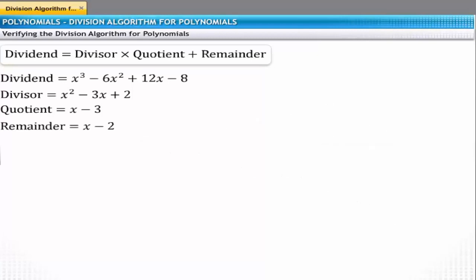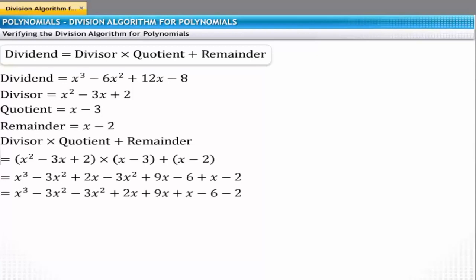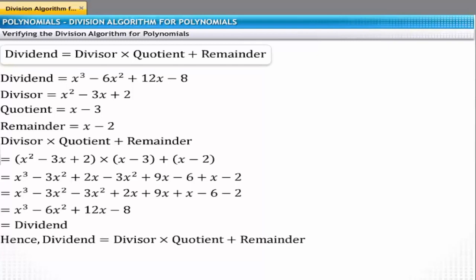Now, we'll substitute the values of the divisor, the quotient and the remainder in the algorithm. Let's simplify this. We get x cubed minus 6x squared plus 12x minus 8. This is the dividend that we have taken. Hence, we have verified that the division algorithm holds true for polynomial divisions.